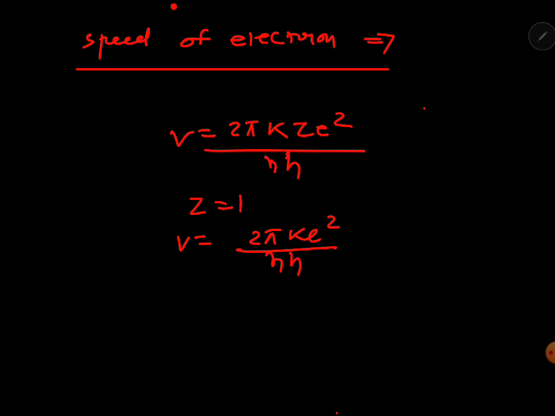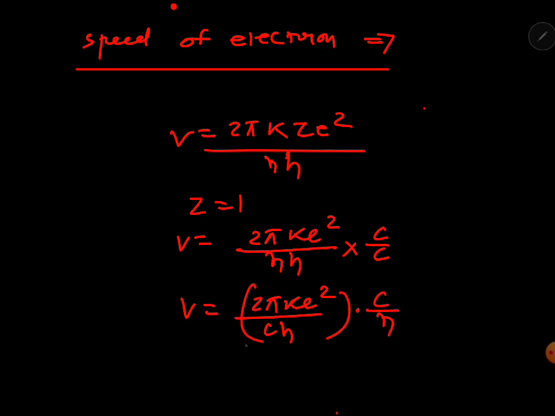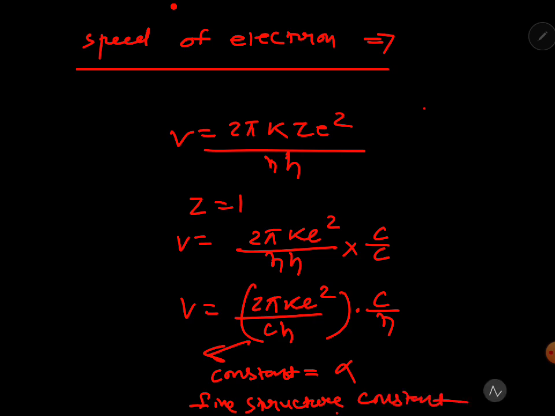What we do, we multiply c in the numerator and denominator. We will get 2π ke² upon ch into c upon n. So this is also a constant, which is denoted by alpha, and it is called the fine structure constant. Alpha is the fine structure constant.